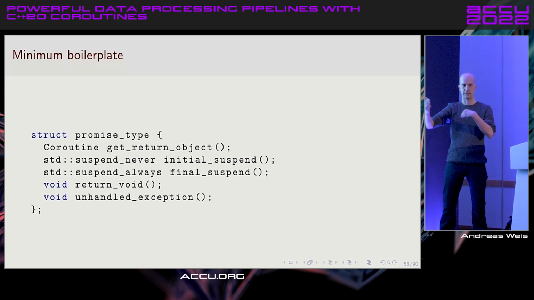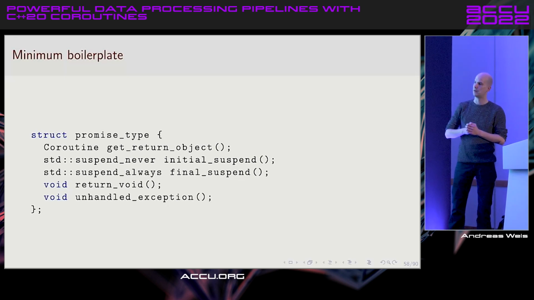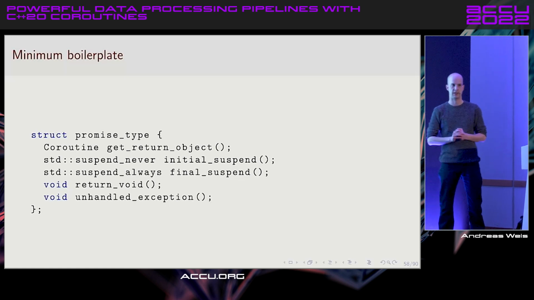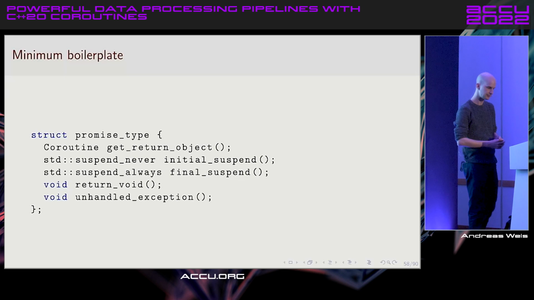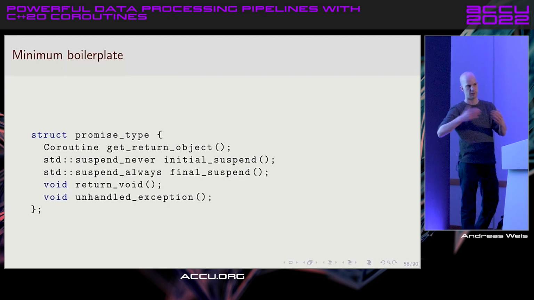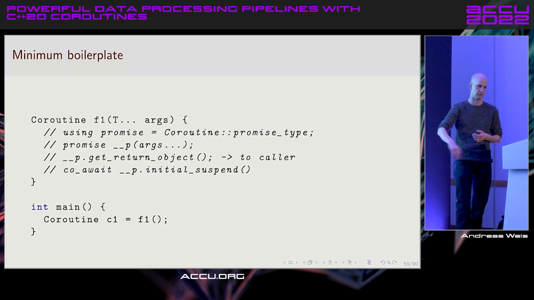In this case, execution is going to be stopped and control flow is passed to the caller. Then I also need to specify what happens with the final return value and if I encounter an unhandled exception. But this is pretty much the basics of what the promise does, right? So everything surrounding suspend and resume, I have some function to influence that here.